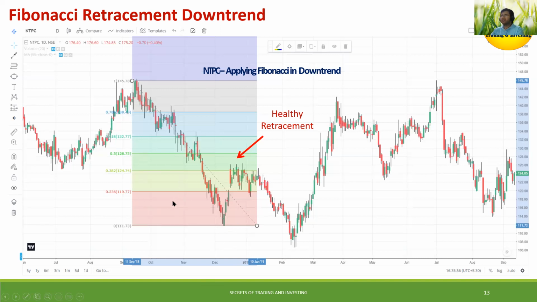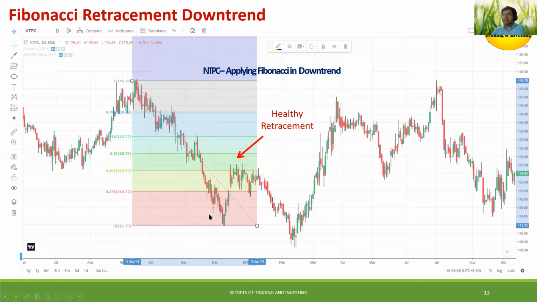But as far as this Fibonacci retracement is concerned, any retracement happening from any percent, because from this point till this point it is 23%, so any retracement from about 5% to 50% is treated as healthy in most scenarios.